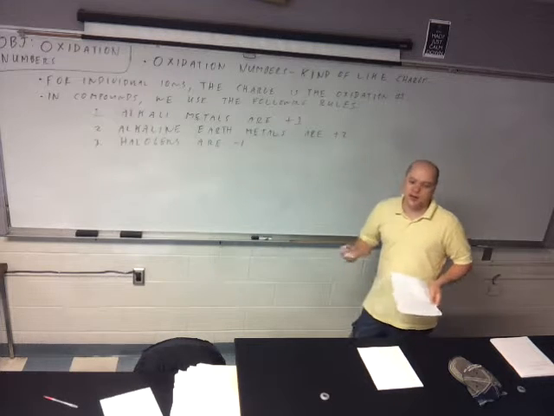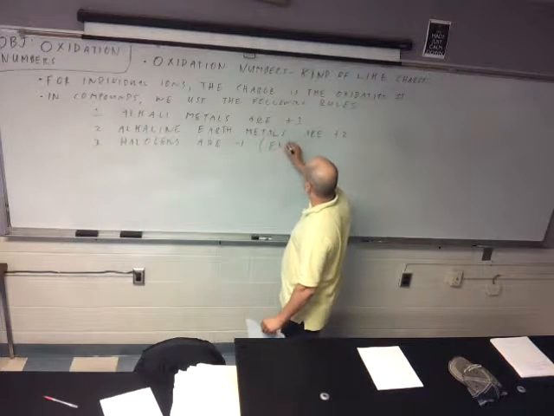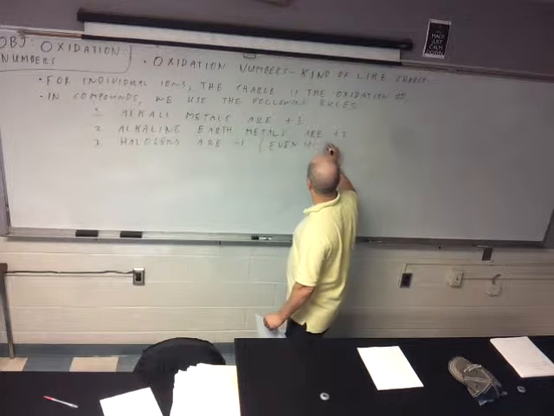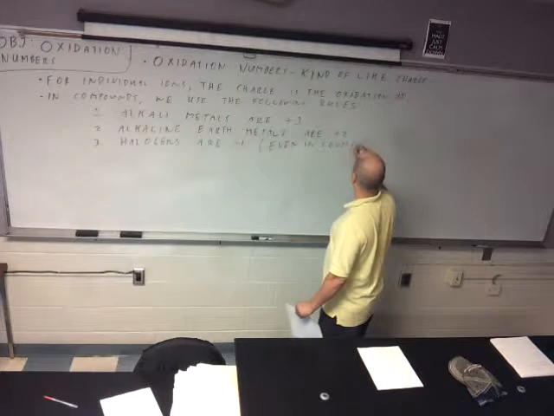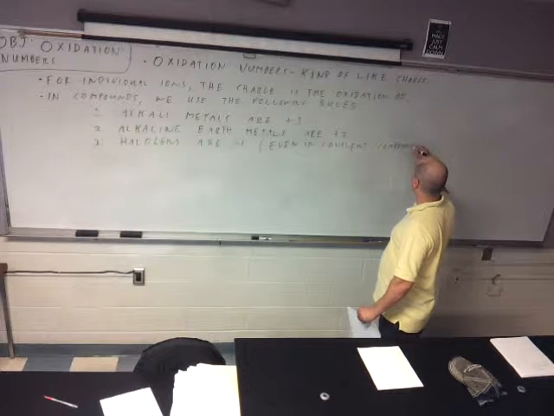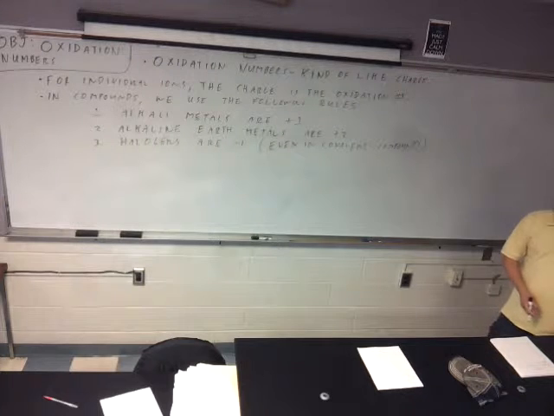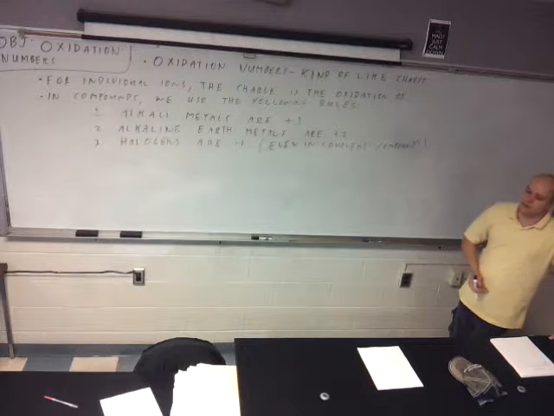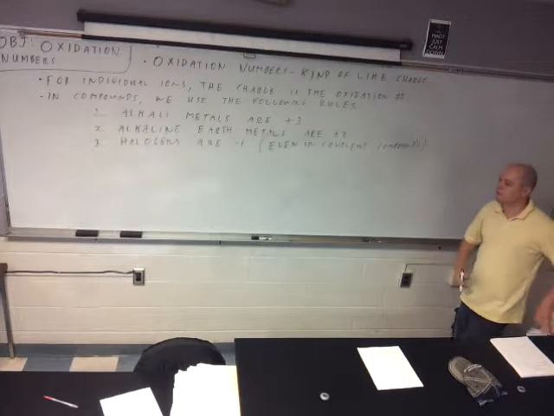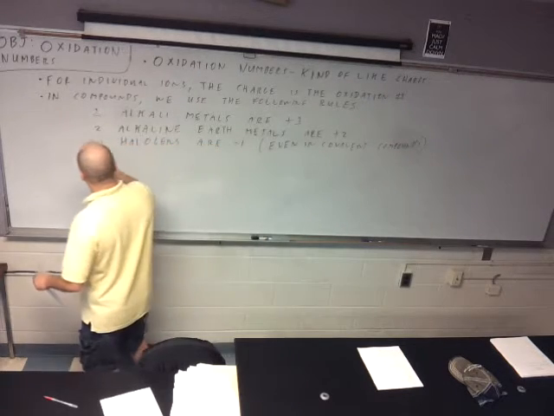And here's something we're going to add to this. You put in parentheses, even in covalent compounds. So in ionic compounds we know they're -1. But if we're using oxidation numbers, even in covalent compounds, we're going to say they're -1. Even though they technically don't have a charge, they have an oxidation number.